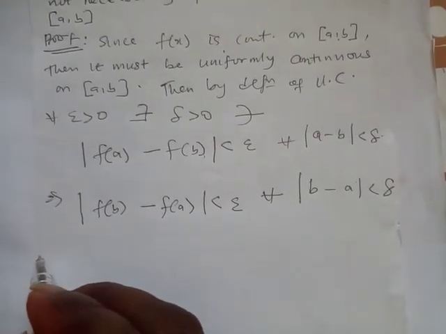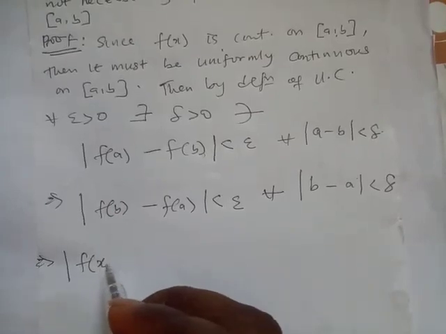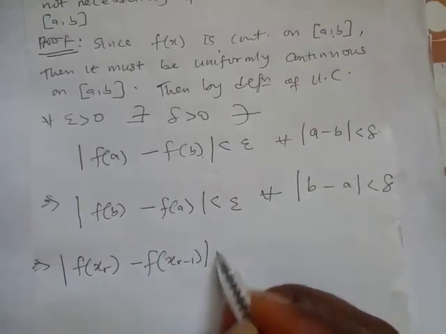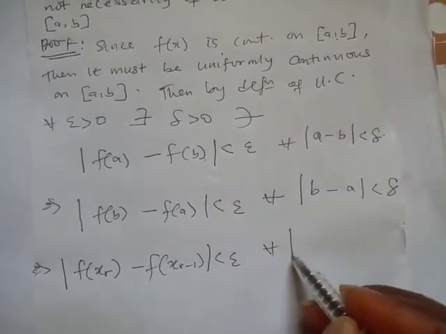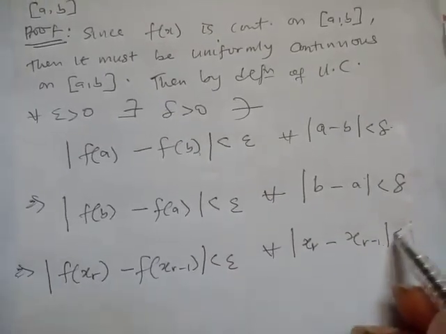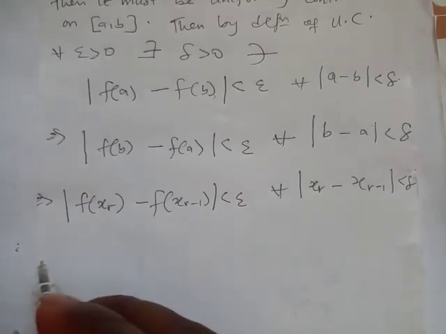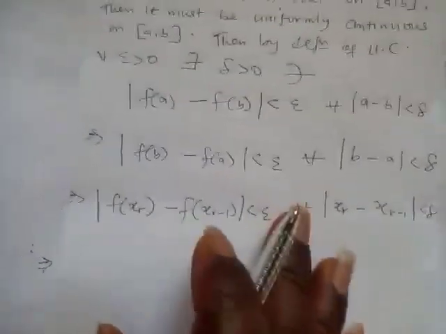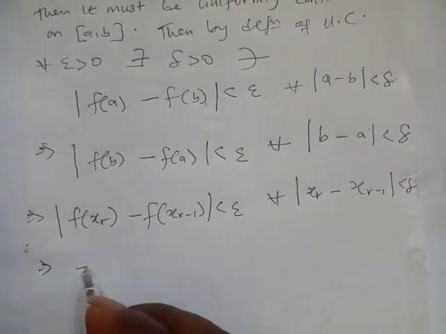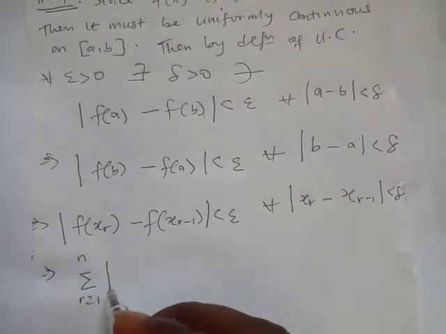Now let us write it with s_r and s_(r-1): the absolute value of f of s_r minus f of s_(r-1) is less than epsilon, for all s_r minus s_(r-1) less than delta. Now from this, let's take the summation of both sides, r runs from 1 to n.